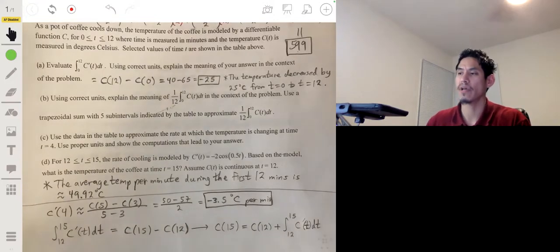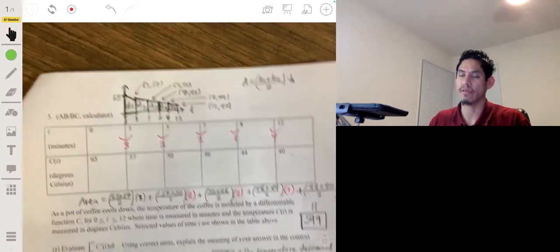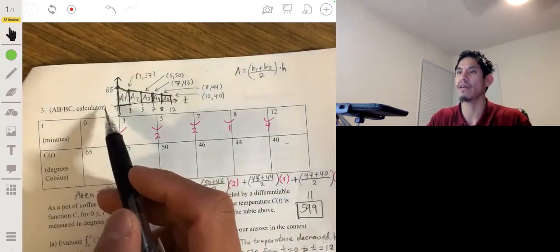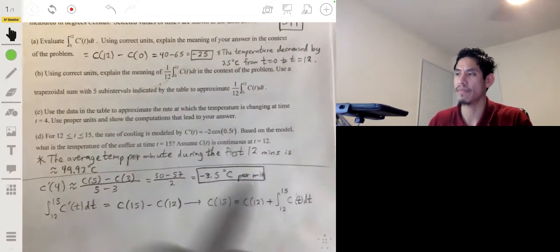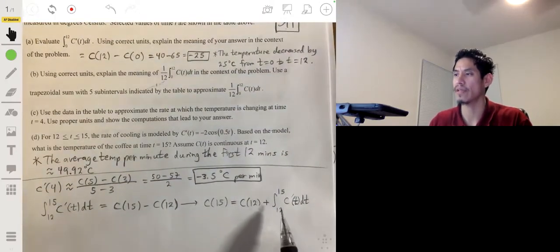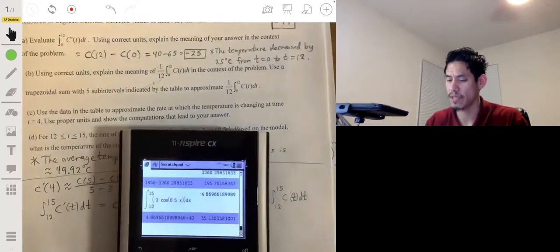Now, why do I do this? Well, because this problem, you have to use a calculator. We can simply use our calculator to integrate this expression and find what this value will be. So let's go ahead and do that.